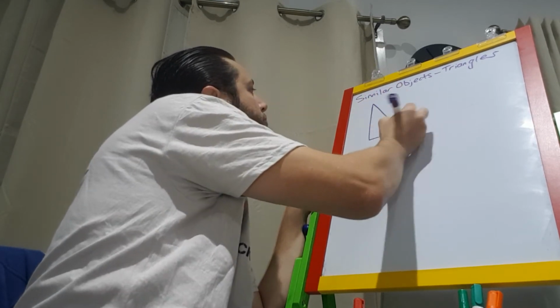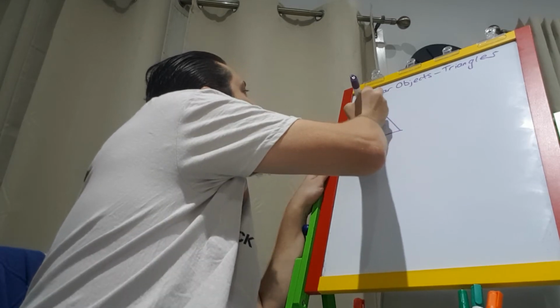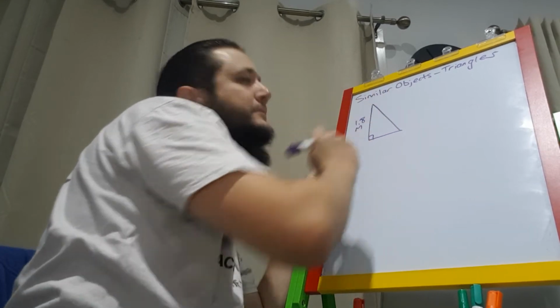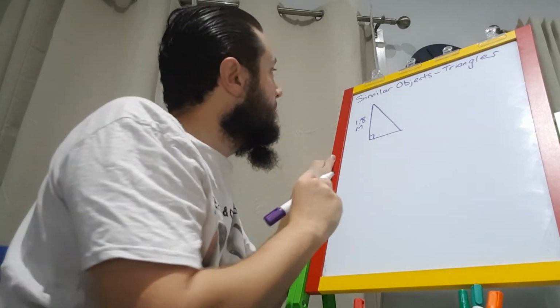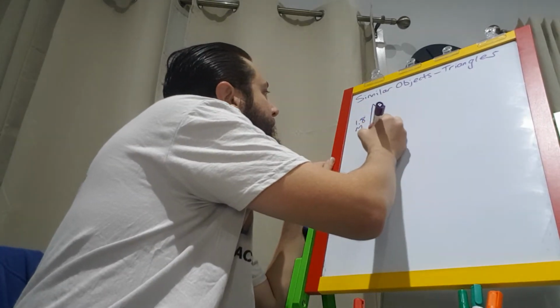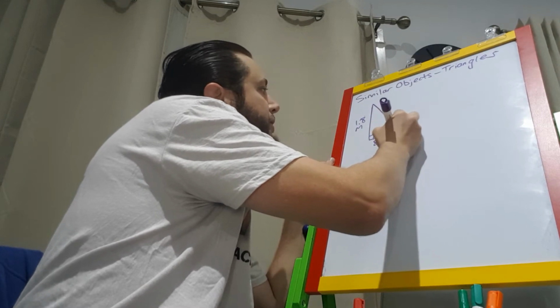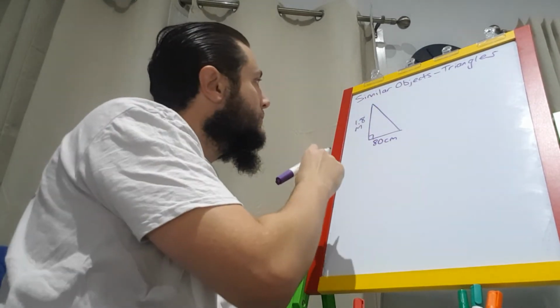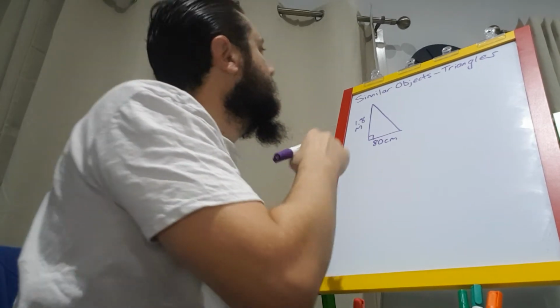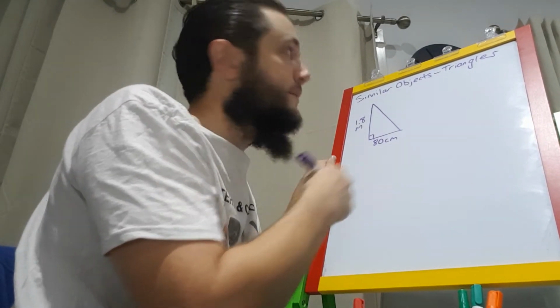So what we're going to do is we're going to have a 1.8 meter tall person, and at a particular time of the day, they had a, I'm going to make this one harder, right? An 80 centimeter shadow. And you're going to be told they are similar.